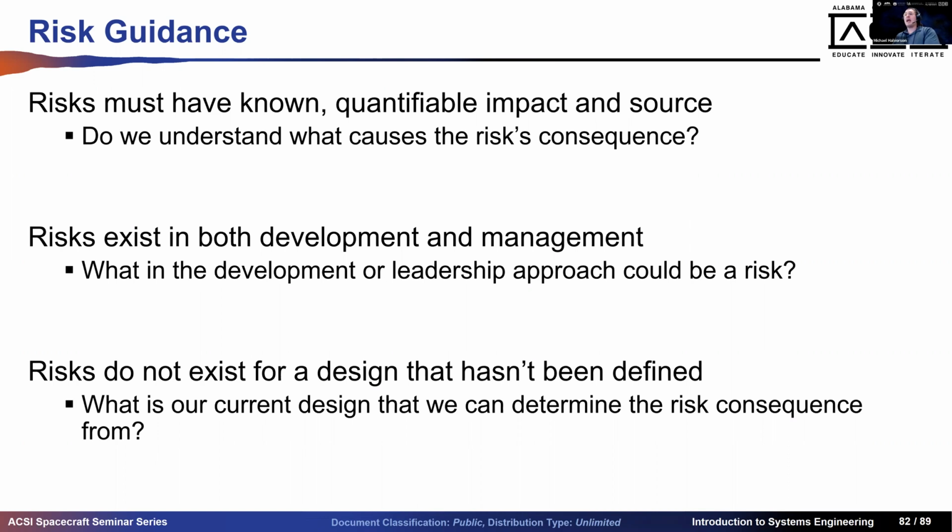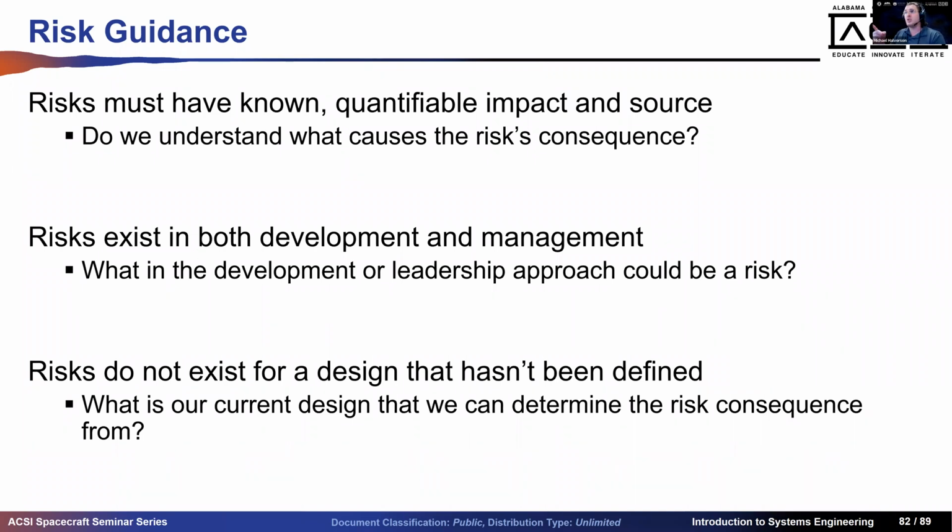You can have subsystem risks that correlate to hardware or software. You can also have management risks if you don't have enough personnel allocated to a given topic, or somebody doesn't know enough at their job that they are not a liability, but they're not executing at the level you need them to.